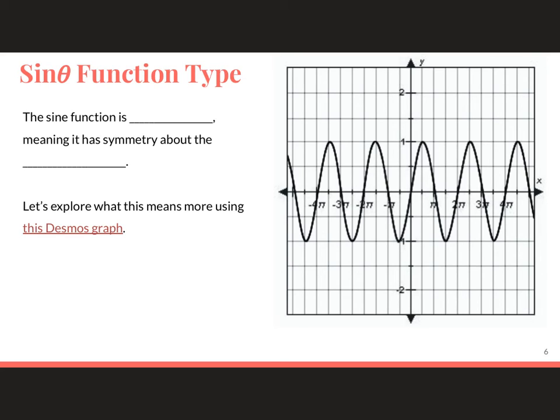So let me explore what that means. If this were an even function, that means that if I took my y-axis and folded this paper in half directly over that y-axis, then this function would map directly onto this function. So this would go right on top of this side right over here, right?